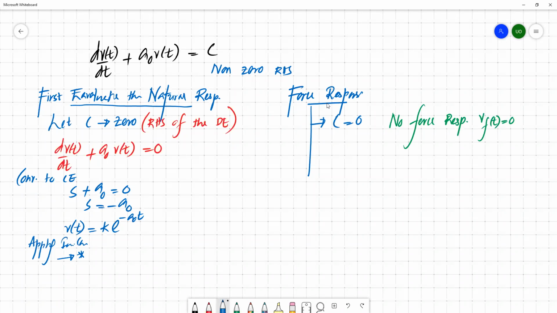So the second case, C becomes a kind of constant. It means you have DC sources in the circuit.